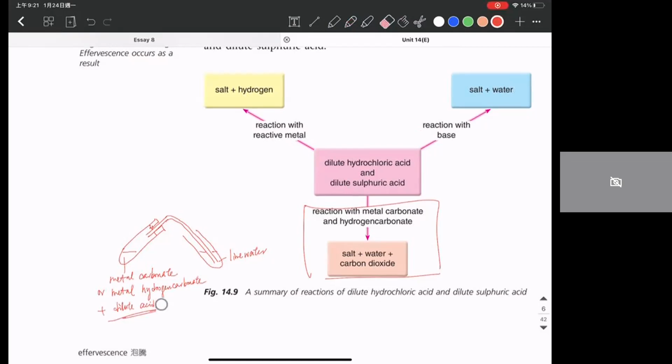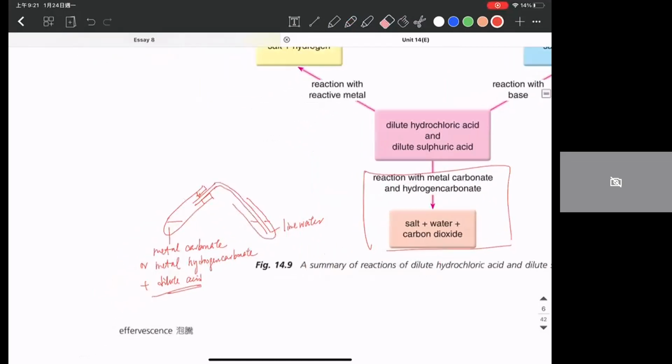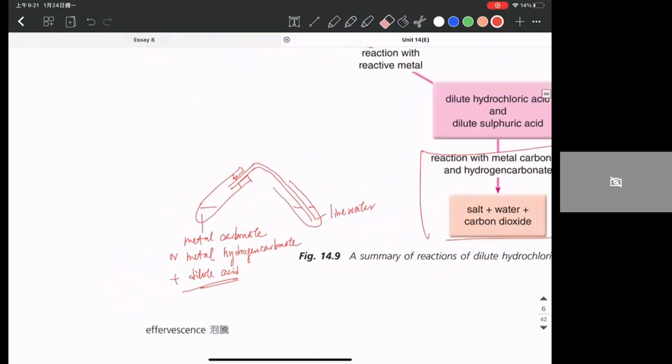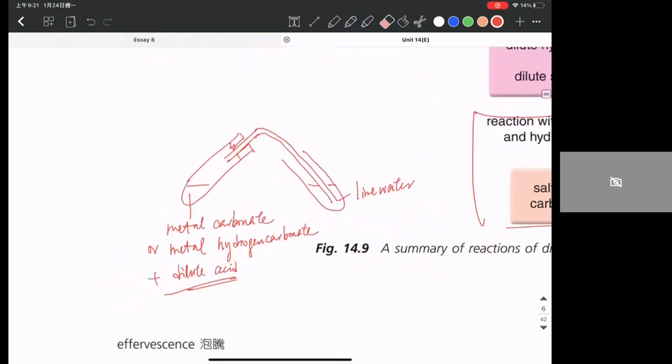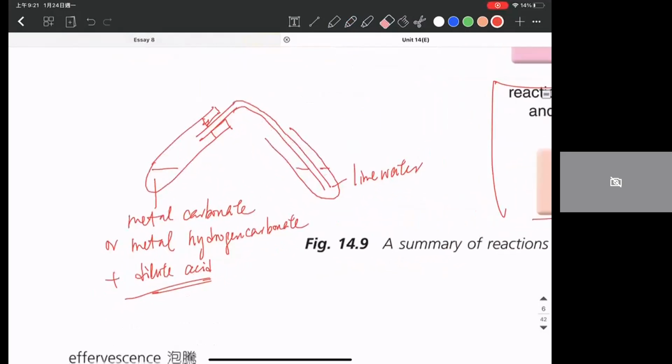So you may find this. Do you still remember that? Now this is the setup they show in the video.